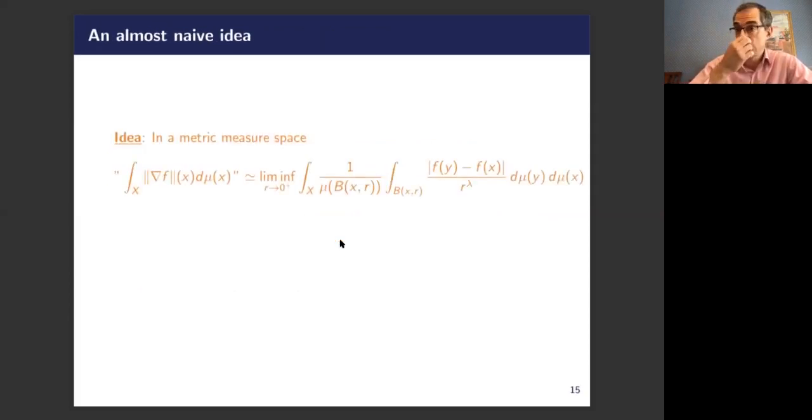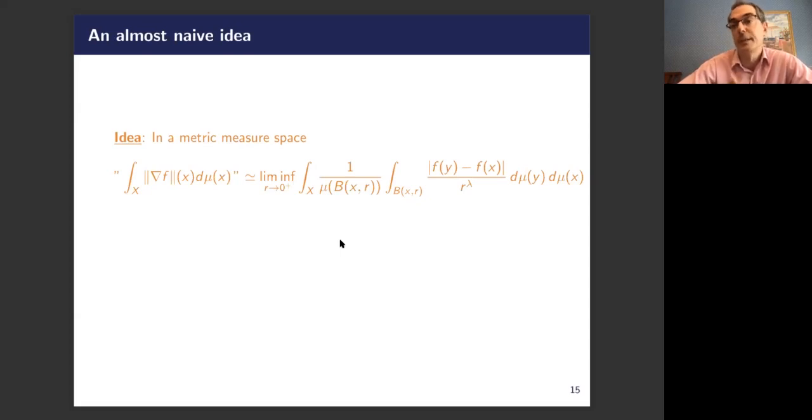So in the context of metric measure spaces, we can start with an almost naive idea. In an abstract space, where we have only volume and distance, we don't have a gradient. But let's think about what could replace the integral of the norm of the gradient in a metric setting. So the idea would be to use a metric approximation of a gradient that may not be defined pointwise, a metric approximation based on an integral over a ball whose radius goes to 0.